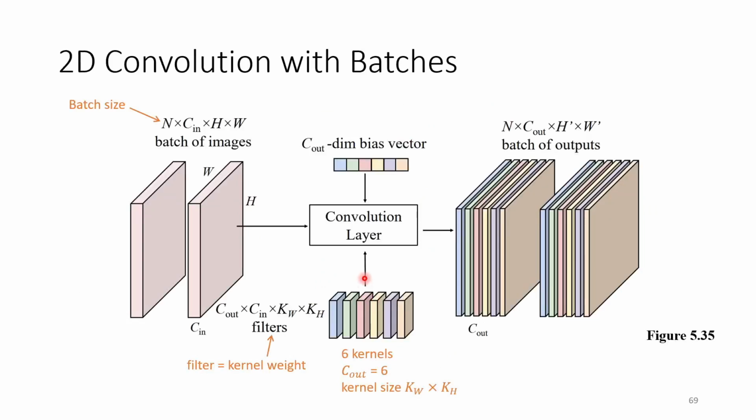All right. So that is the concept of convolution, and we use batches, right? Because we want to calculate the gradient from the batch. So it means we not only have a single input image, we have multiple feature maps.